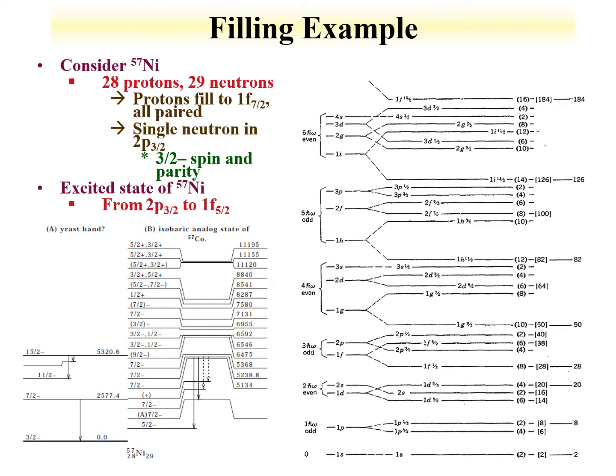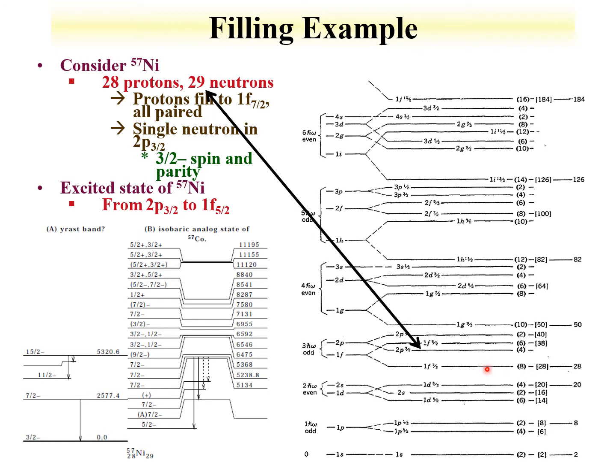We can now consider an example that's a little bit more complex than lithium-7. Let's consider nickel-57, which has 28 protons, 29 neutrons, so that odd 29th neutron is going to define the behavior of the nucleus.